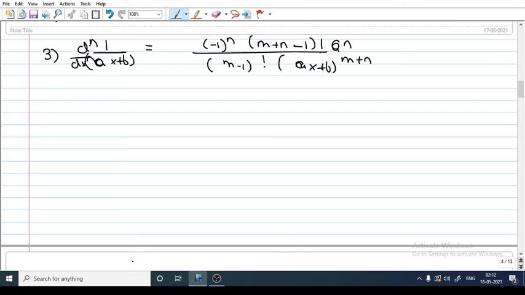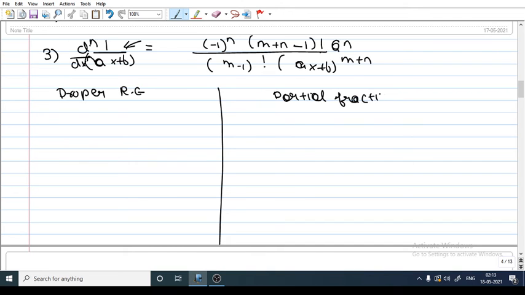Now let's move on further. There is one thing you will study after getting a proper rational expression: how you have to apply this formula. When you have a proper rational expression, you have to express it into partial fractions. So for this partial fraction format, how will you do it?